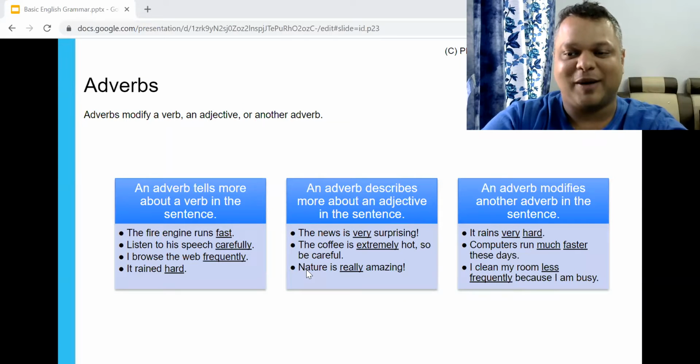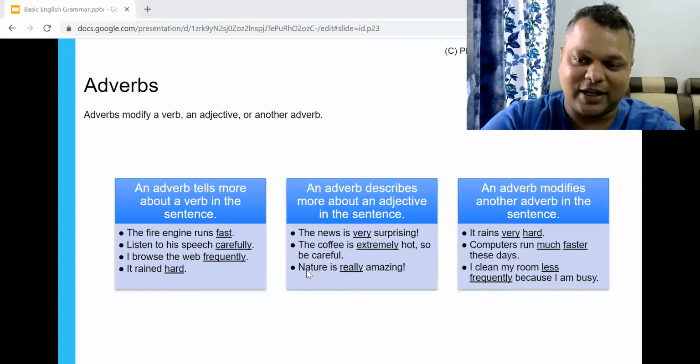Come on, you know the answer, you told it correctly. It's describing the verb. Careful is describing a verb. Which is the verb? Extremely hot. No. The coffee is extremely hot. That is done, that is fine. So be careful is another part of the sentence, no? So which is the verb that careful is describing?